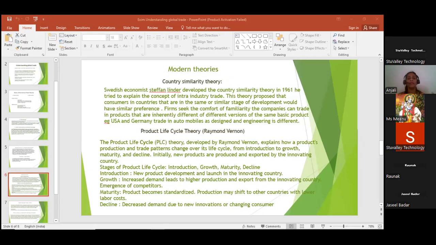For example, the iPhone production in the USA may shift to other countries like China, India, or elsewhere, and the labor cost becomes less. Once they shift their production to a different country, that stage is called maturity. After this matured stage, it comes to a decline stage.